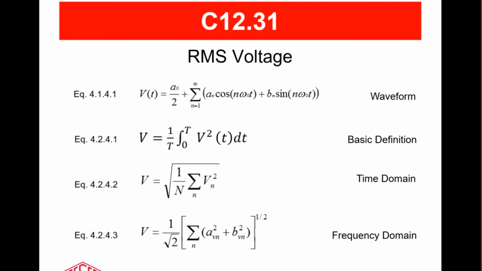Same data goes into both, but rather than summing the actual data points, we do a Fourier analysis and we sum the squares of the Fourier coefficients for each harmonic.